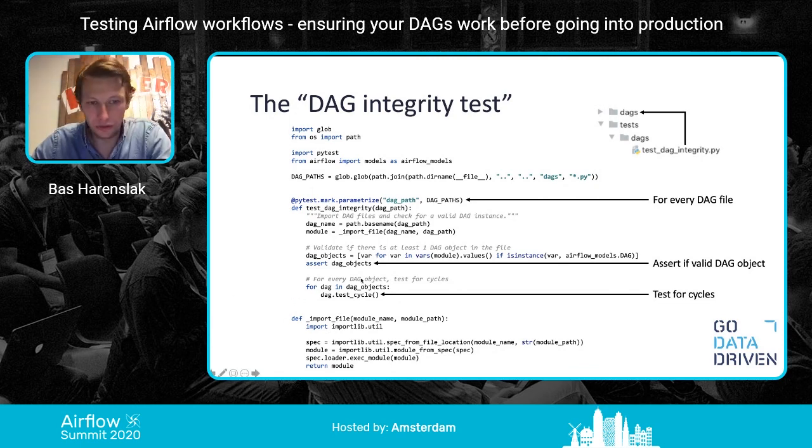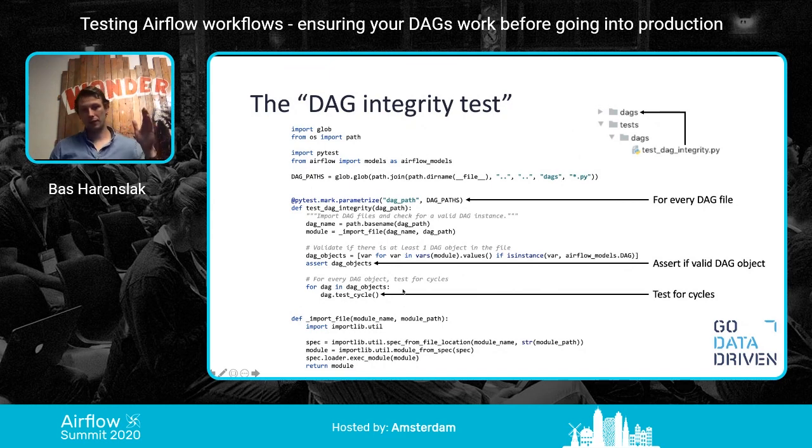And next, it will test if there's a cycle in here. Before, I believe version 1.10.2, this cycle test was actually inside the DAG init, and you wouldn't have to add this to your DAG integrity test. But it's a very expensive operation, especially for larger DAGs. So that's why it was removed from the DAG init, and that's why it's here as a separate statement in the DAG integrity test.